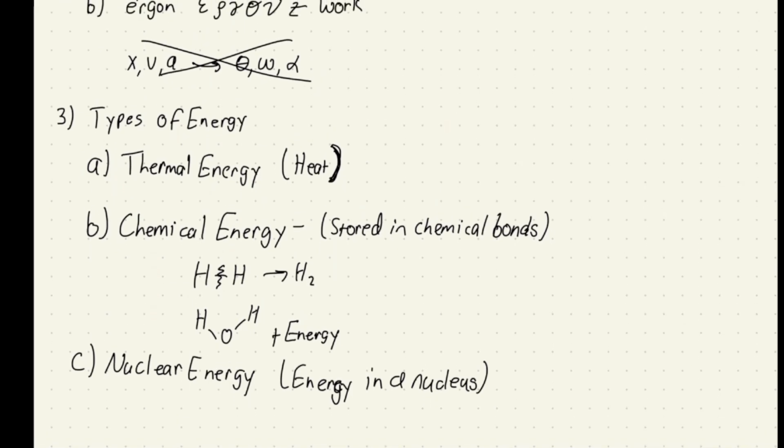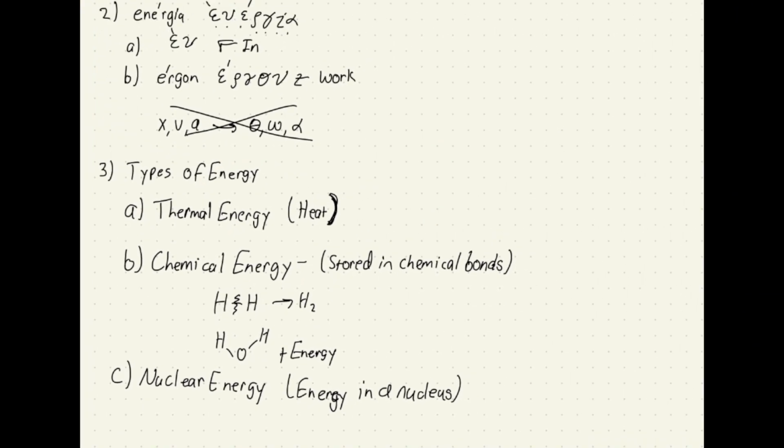A nucleus has tons of positive things all stuffed really, really close together, and there's a ton of energy in that. So when we fracture that, whether it's through a neutron hitting a uranium atom, or through hydrogen fusing into helium, there's this energy exchange that happens, and it's usually a great deal of energy for how small things are.